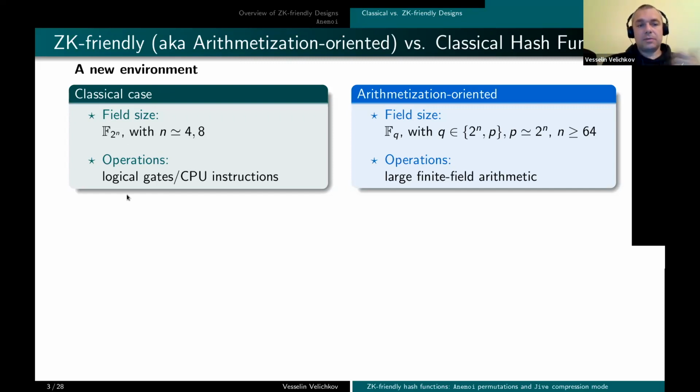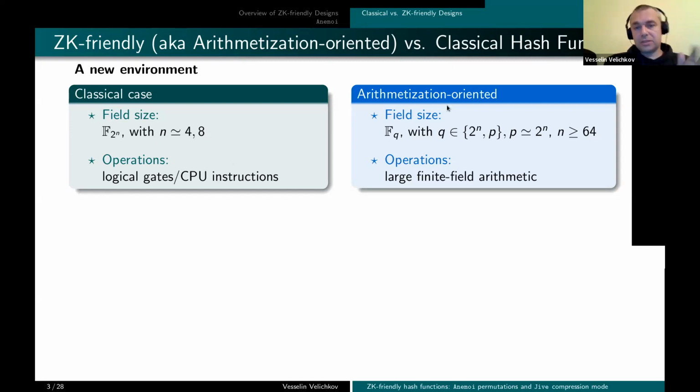And the operations we are performing are logical operations, each of them corresponding to a CPU instruction typically. So we have modular addition, exclusive OR, bitwise rotations and shift, and each of them has its own CPU instruction. So a design can be targeted to be efficient against those.